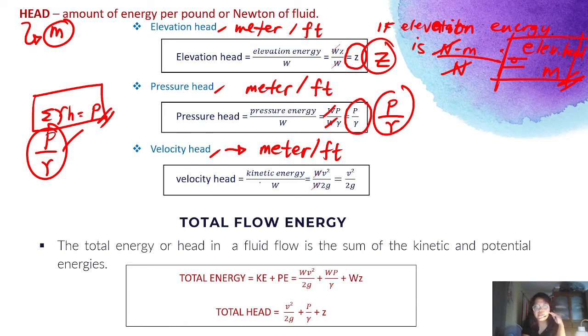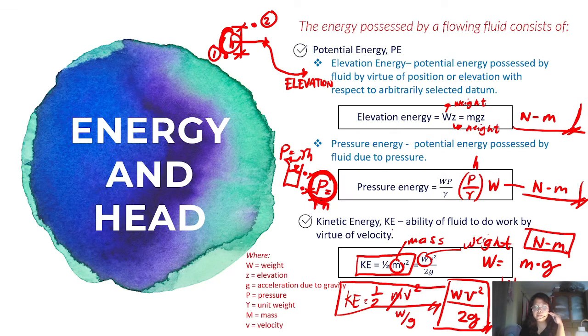So, balik ako kay velocity. 'Di ba? Velocity is from the kinetic energy. Napalitan lang siya ng term na velocity kasi mas nakafocus na tayo sa velocity. So, kahit hindi mo na siya tawagin as kinetic head, mas kilala siya sa term na velocity head na. Okay? So, kalimutan mo na si kinetic.